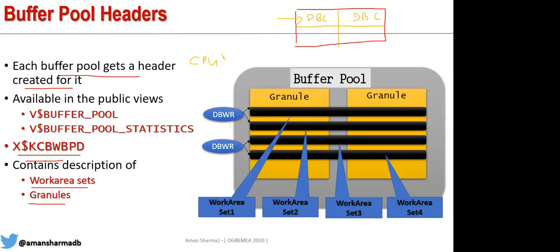Whenever we say DB writer is not enough, that means we do not have enough DB writers to maintain the work across all the work area sets. That is why in a multiprocessor system, it is recommended to have multiple DB writers, because it could be that multiple work area sets exist but are maintained by a single DB writer, which of course cannot manage all of them optimally.